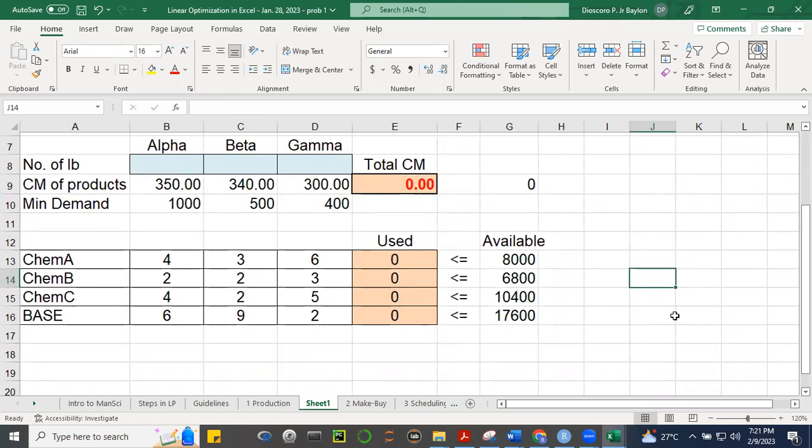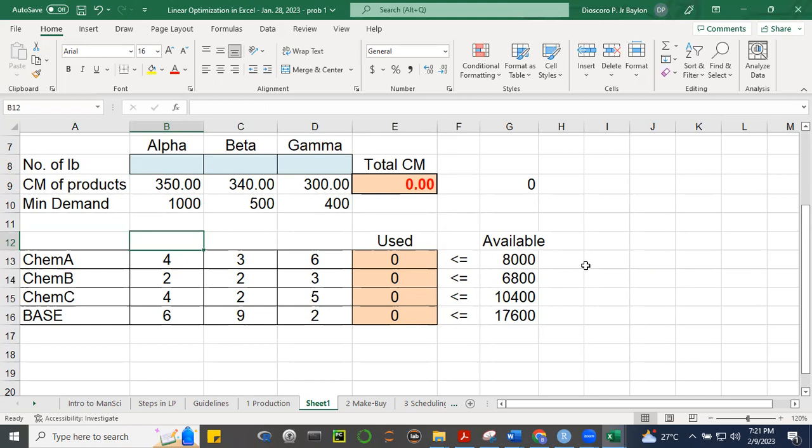So this is pretty much a very simple problem. We were told that chemical A is used by the three products, alpha, beta, and gamma, and these are the usage. We know that these are in ounces per pound. So we had to convert the usage later on.